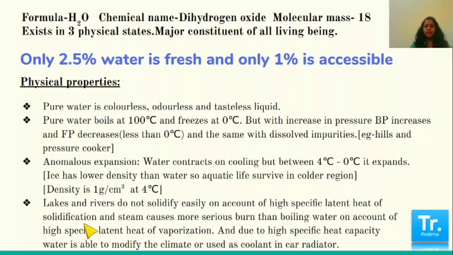Even to increase the temperature, you are using heat energy. When you heat something, the temperature rises. But whenever there is a state change, solid to liquid or liquid to gas, it is only the state change which is taking place due to the heat energy supplied. There is no increase in temperature.